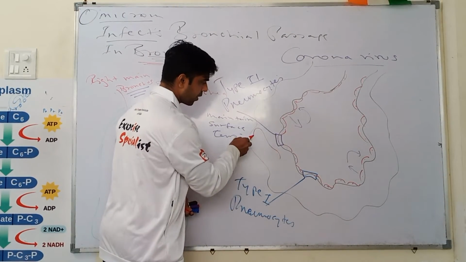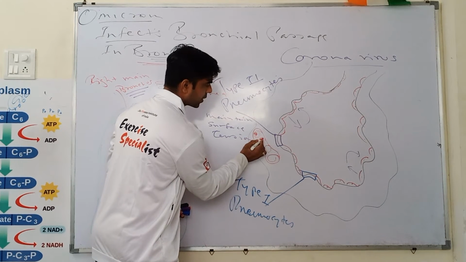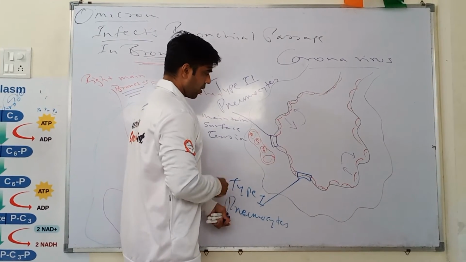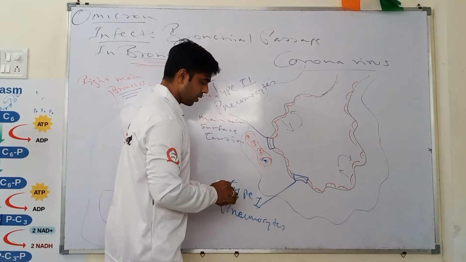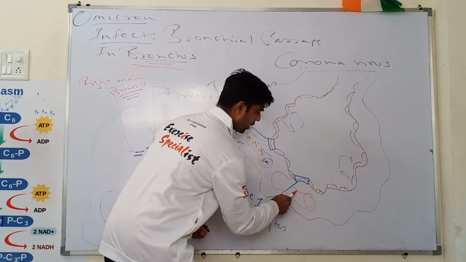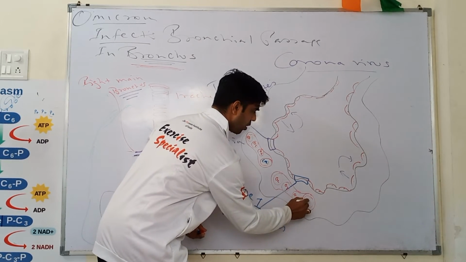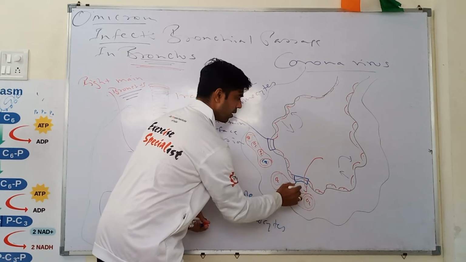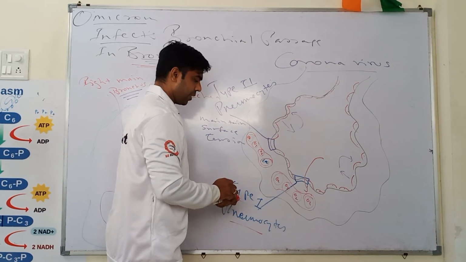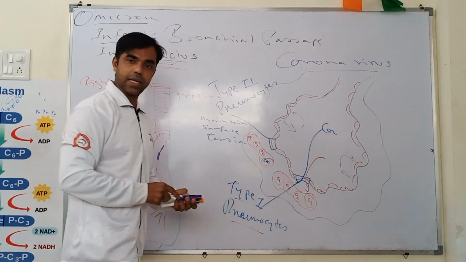When there is an RBC, red blood cell, passing with 75% oxygen rich blood and CO2 and reaches here, it is fully oxygen rich. Oxygen enters from this type 1 pneumocyte and CO2 goes out. Right?